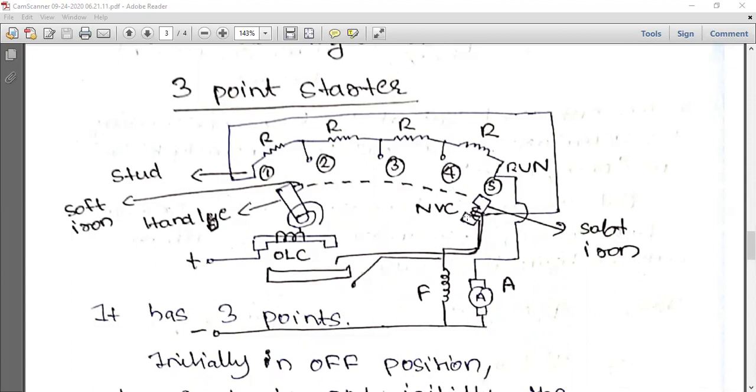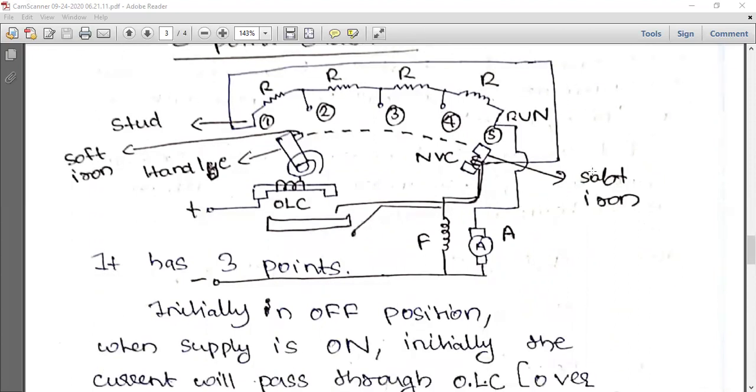So the spring helps in bringing the handle back to the old position, because this is soft iron. At full load, at the run position, both will be attached together, and they will stay there during the energized condition. When it is de-energized, the handle should come back. That's why we have a spring here.